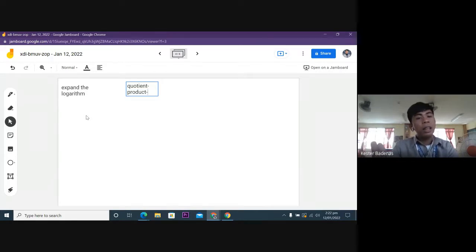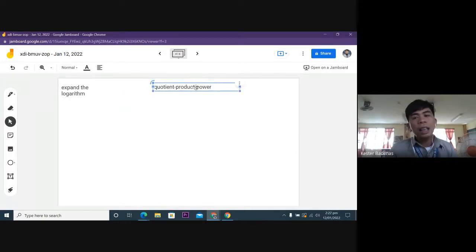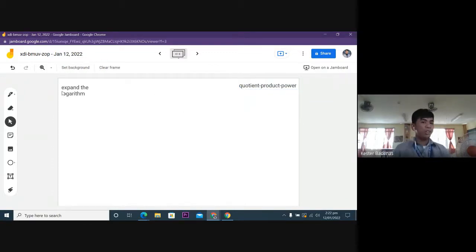And then pag na-apply yung product rule, ihuli yung power rule. Laging last yung power rule. Yung order ni quotient at ni product rule ay nakadepende kung sino yung nasa loob ng parentheses. Pag may parentheses, lagi natin uunahin yun. Sige nga. First example, we need to expand.